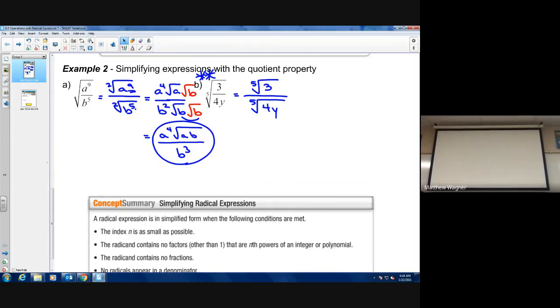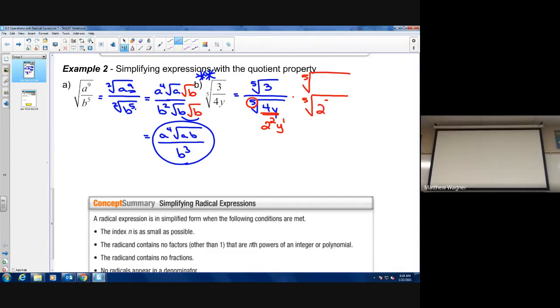So what we need to think about, again, is the index. If I have a 5th root, I need groups of 5 in my denominator. If we think about this, I have 2 squared and y to the 1st. So the question is, what is going to make this a group of 5 in my denominator?